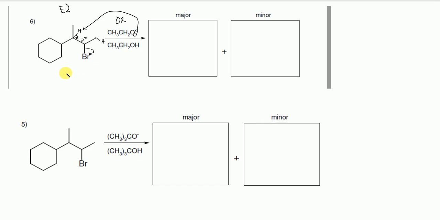So it looks very similar to SN2, except that I'm forming a double bond and I'm not substituting this group onto the molecule. So both E2 and SN2 are one-step reactions, and both SN1 and E1 are two-step reactions, and that's why they usually happen together.